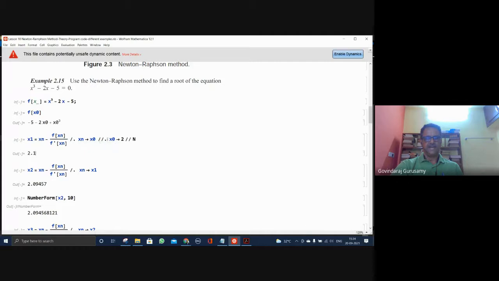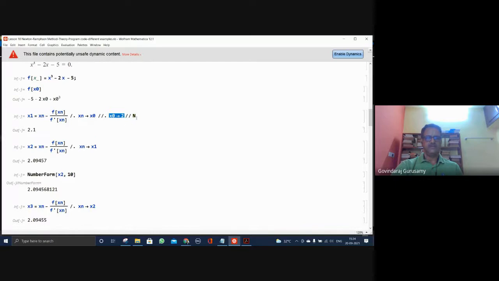Therefore, double slash dot. That will take care of the substitution with the number. Okay. This is not necessary, but this step is what I have given. So that first step as x0 I am going to write it, and then substitute x0 as 2, which leads to 2.1. First step is this. Okay.